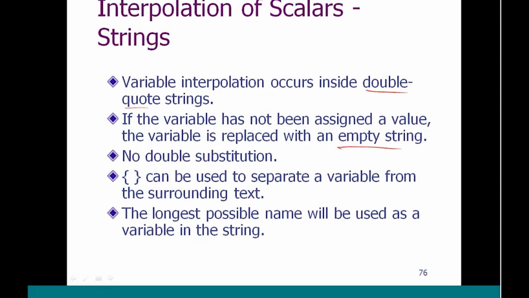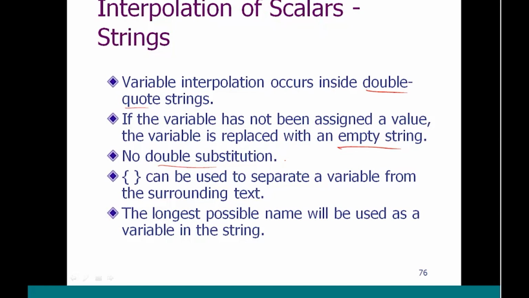One other thing is that there is no double substitution, meaning you cannot substitute once and then have that as another variable so that you can substitute it again. So it is only one time use essentially.